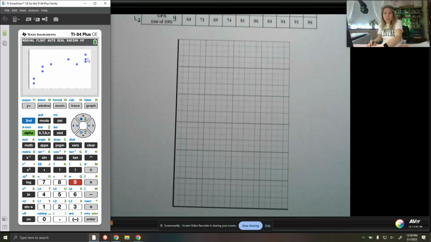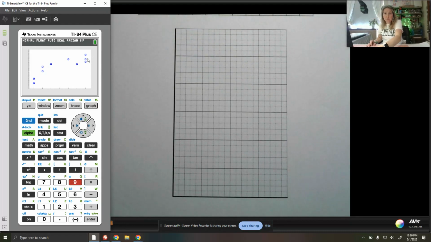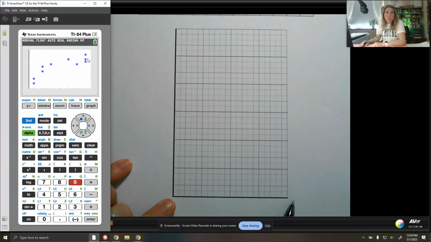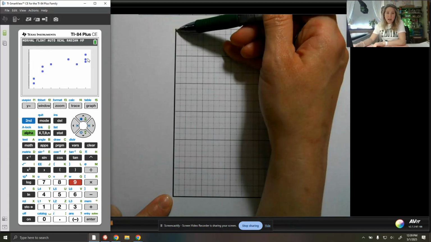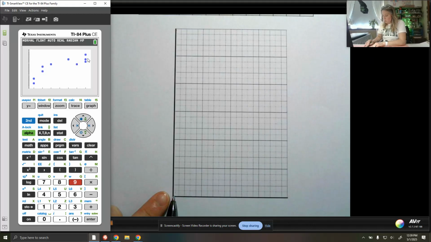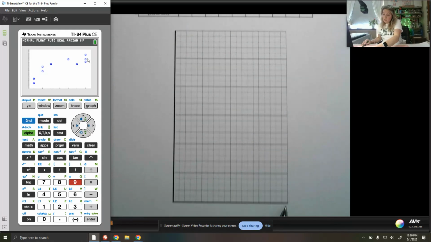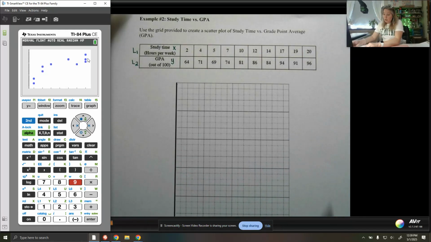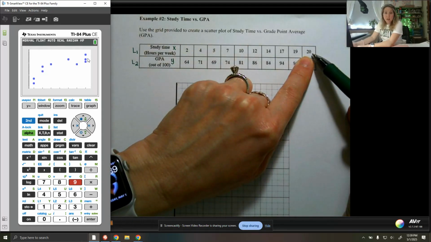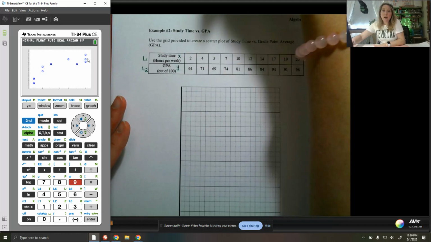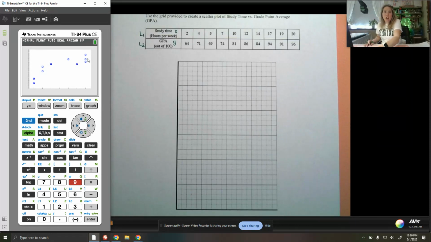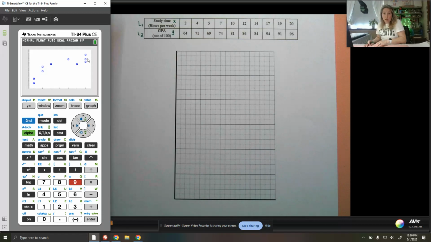So first we're going to graph this data. Now, if we look at this, we can see this is exactly the same graph we had on the front, which means we know that the y-axis is up to 30. We know that the x-axis is going to 20. So since this time my study time gets me all the way to 20 as a value, I am going to mark every tick on the x side of my axis with a number.